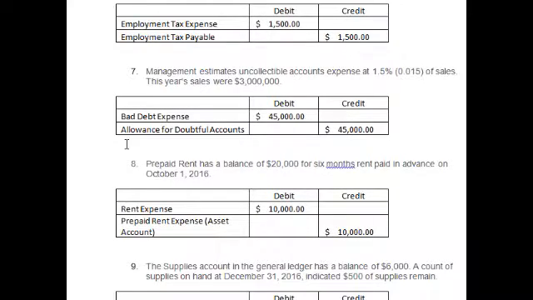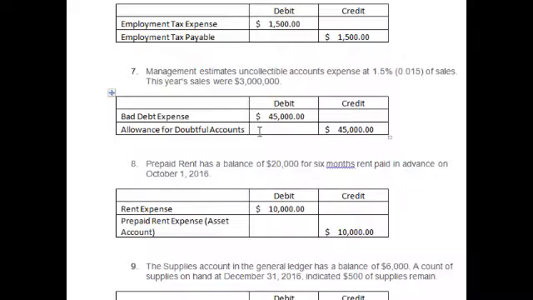Some of you may not have seen this type of account before, but this is the account that we use to record the estimated uncollectible accounts. When you do that, you increase this account. It is normal on the credit side. So allowance for doubtful accounts goes up on the credit side.